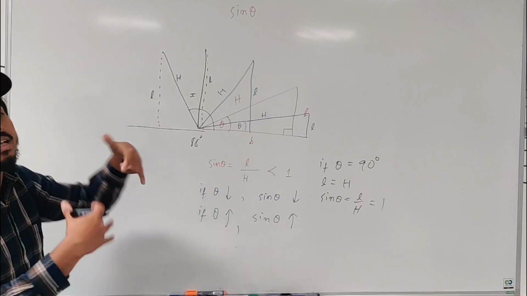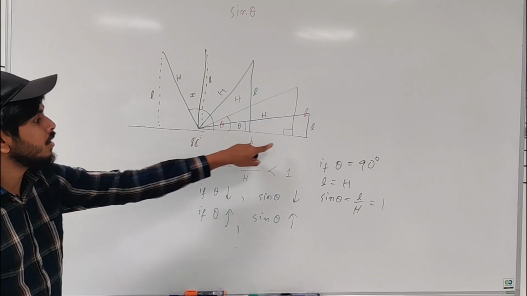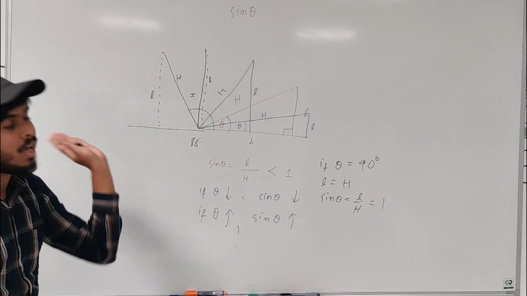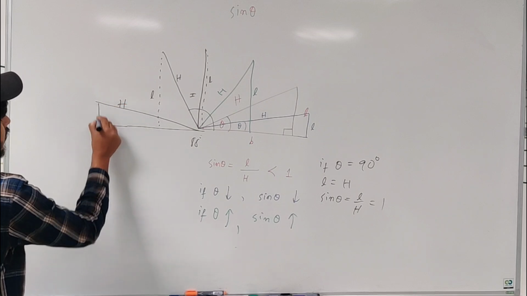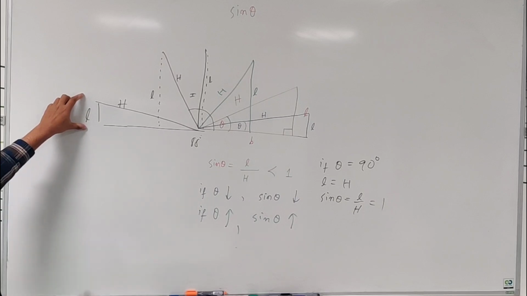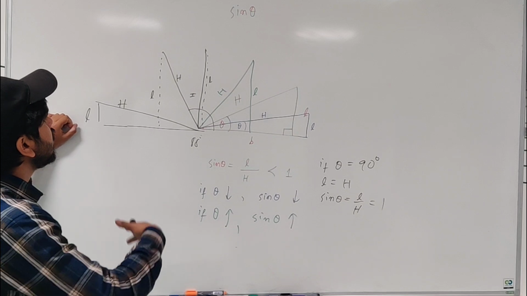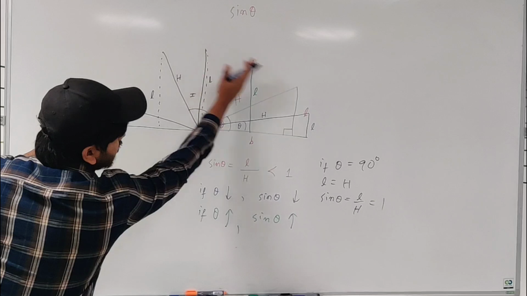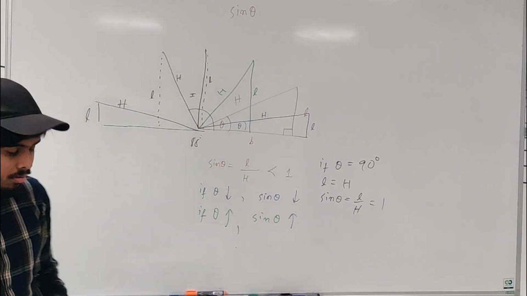So now sine theta is again less than 1. Sine theta is maximum when theta is 90 degrees, and 0 when theta is 0 degrees, a flat line, and as you increase it further, sine theta reduces again. You end up getting smaller and smaller sine theta. The same story happens if theta decreases from 90 to 0 or increases from 90 to 180, so there is a symmetry about theta equals 90 degrees.